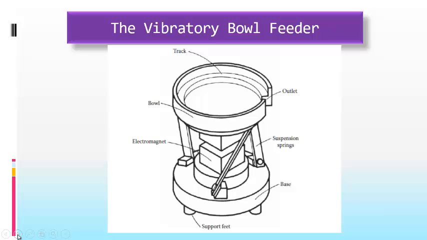The bowl has a track, and when the bowl vibrates, the components will climb the track and come to the orientation unit. The track is usually engraved in a way that it accepts only the parts which are in the right orientation. The frequency and the amplitude of vibration will control the motion of the bowl feeder, so when we use this feeder, we have to control the frequency and the amplitude of the vibration.